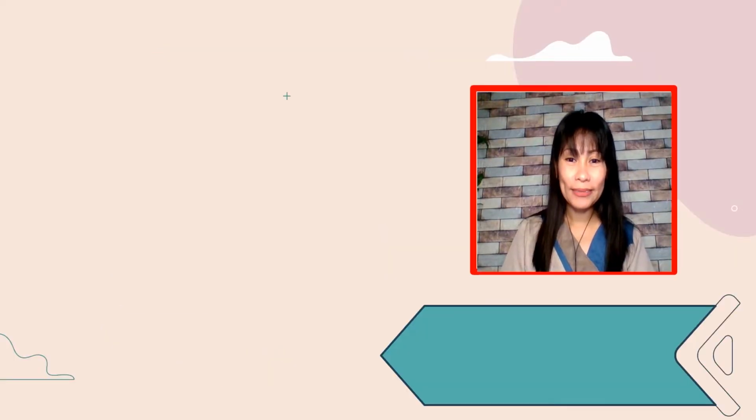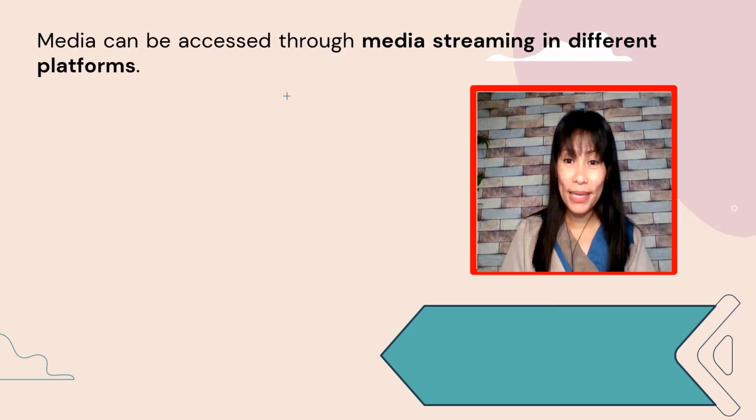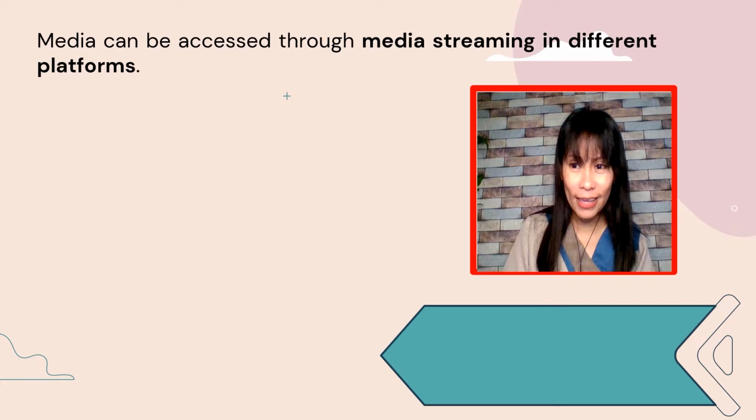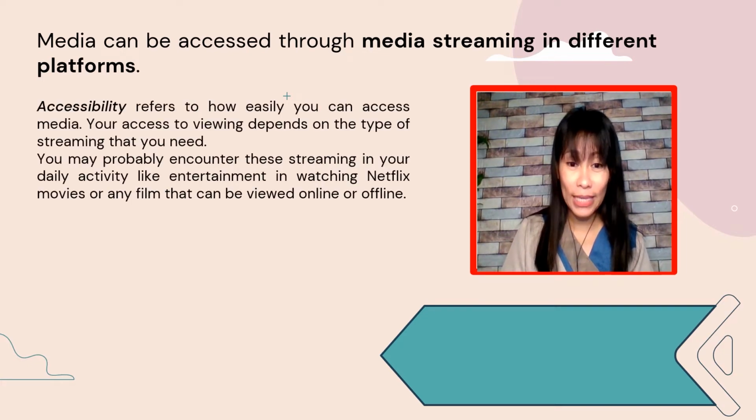Moving on, media can be accessed through media streaming on different platforms. So question, how can we access this media? Are they easy to access? When it comes to accessibility, it refers to how easily you can access media.